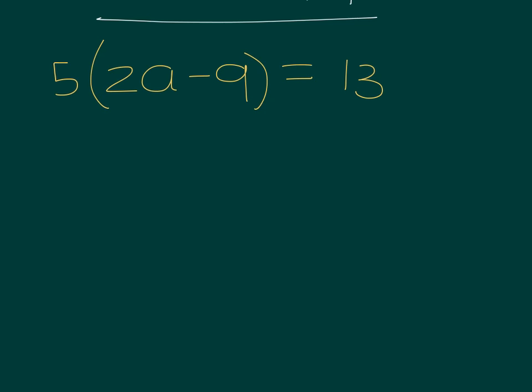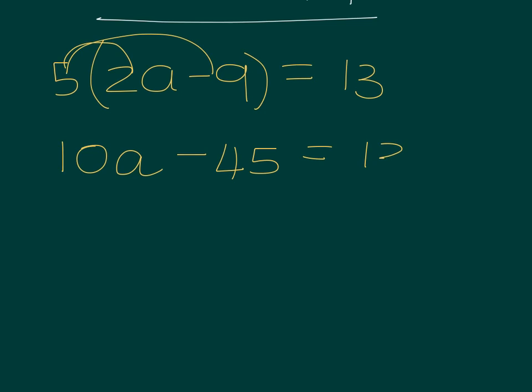First of all, we've got to sort this out and do the operations like we know. So 5 times 2a gives me 10a, and 5 times negative 9 gives me negative 45, is equal to 13. Now I've got to get rid of the 10a.